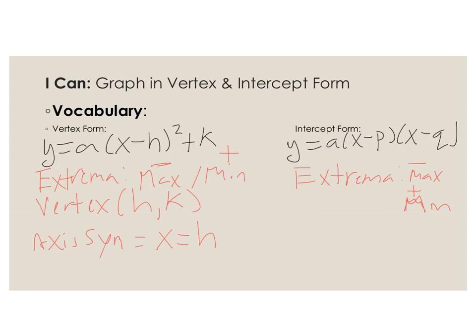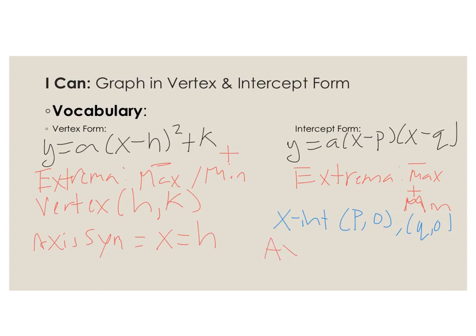Now, intercept form is named that because we can solve for the x-intercepts. The x-intercepts are going to be (p, 0) and (q, 0). Now we can use the intercepts to help us solve for the vertex and axis of symmetry.